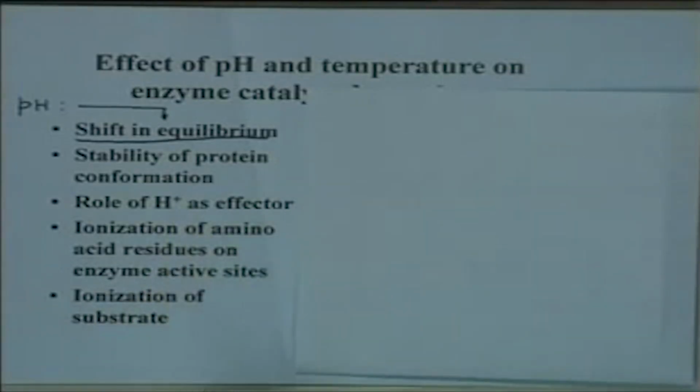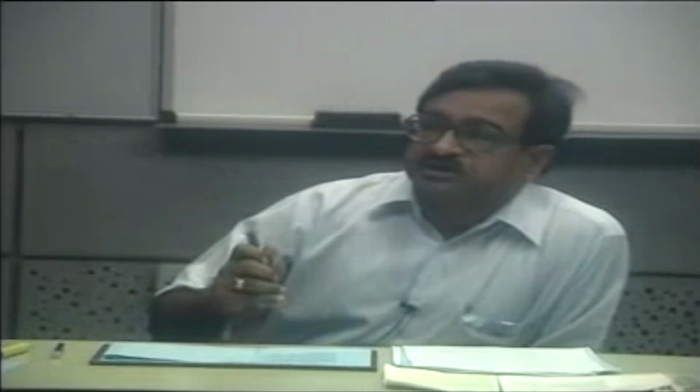Now, the second issue which is important in the case of pH effects is the stability of the protein conformation. As we all know, proteins retain their native conformation within a limited pH range, because electrostatic interactions are a major non-covalent force involved in the conformation of the enzyme molecule.